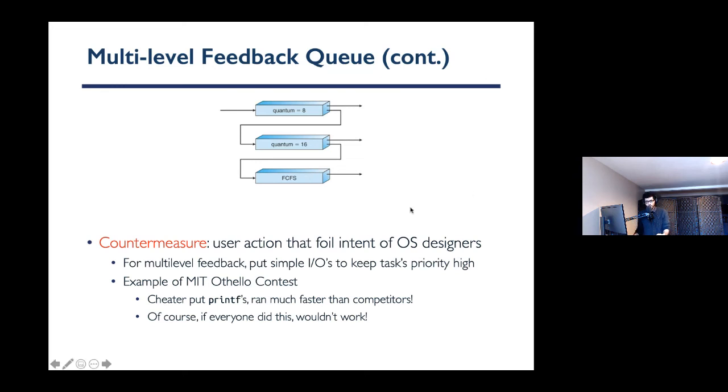Now, this benign scheduling policy that was indeed implemented in early Unix systems was abused by programmers in a funny way. This is actually an anecdote from MIT. They had this Othello contest at MIT, where different groups were writing programs to play Othello.